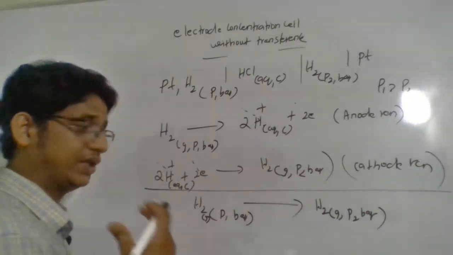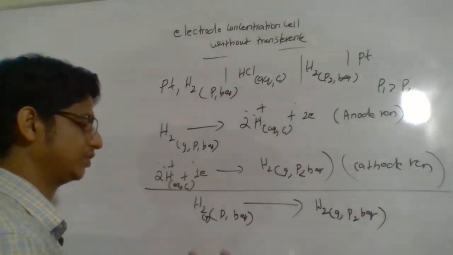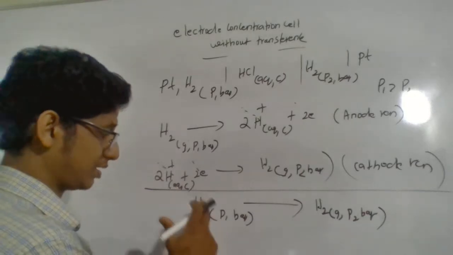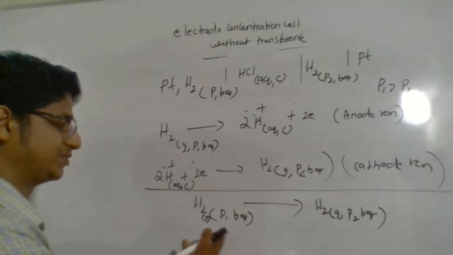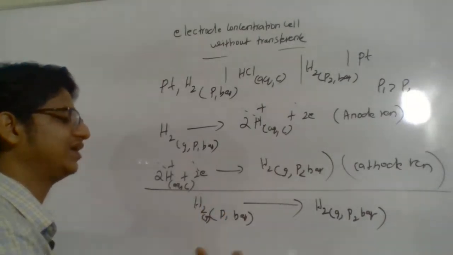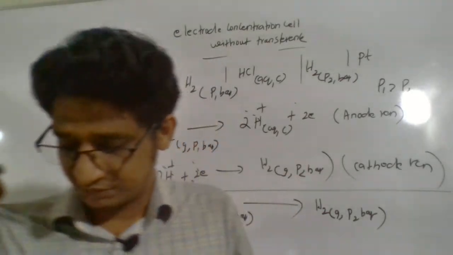So this is the basic flow of electrons you will observe. Electrons are flowing from the P1 bar electrode, the anode, to the cathode, where the anode pressure is P1 and cathode pressure is P2. We have taken the pressure P1 higher than P2. So that is the driving force for the generation of electricity.